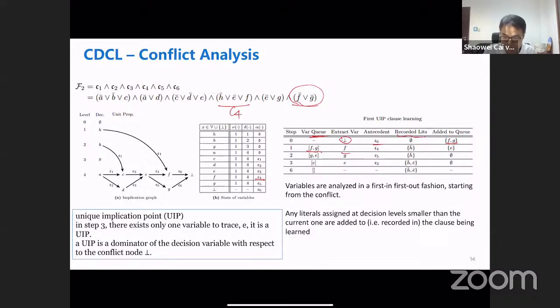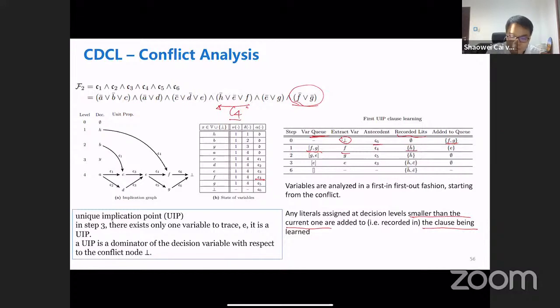In the clause, any literals assigned at decision levels smaller than the current one will be recorded as the clause being learned. So in this clause, we have variable H. Its decision level is smaller than F, so the literal no H is recorded.